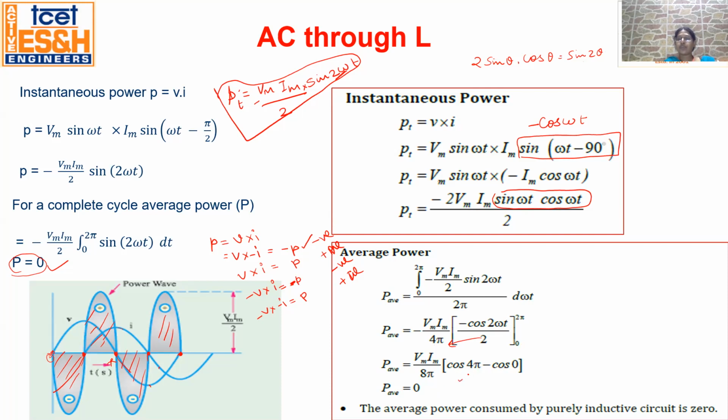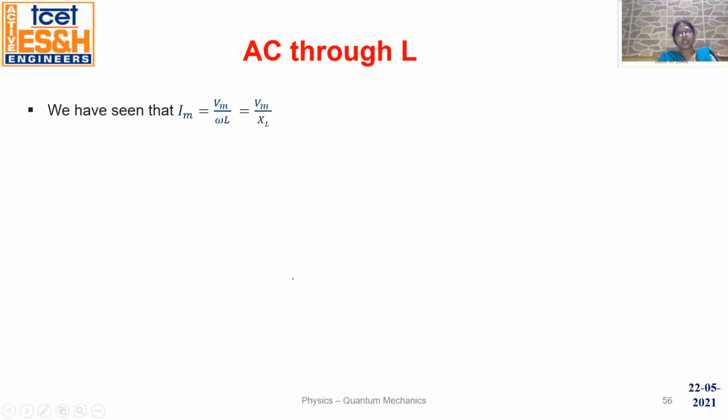Then what will you get? Cos 4 pi is 1 and cos 0 is 1, so the difference is 0. That means your power is 0.